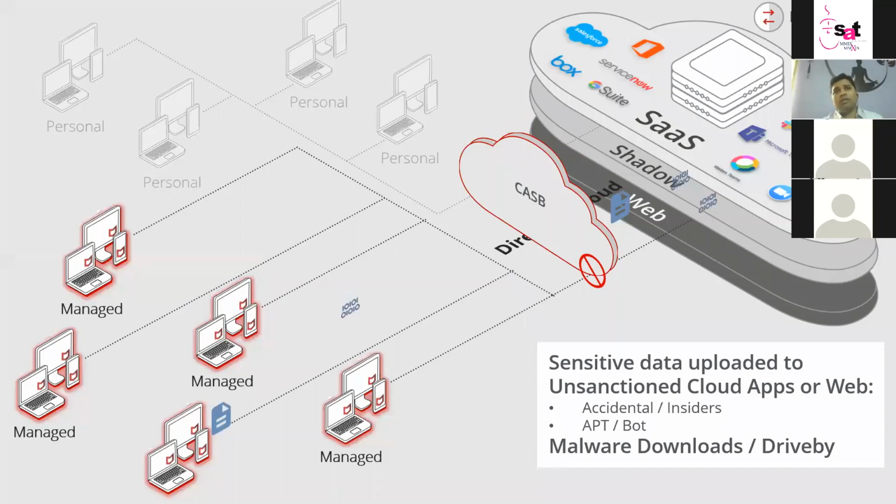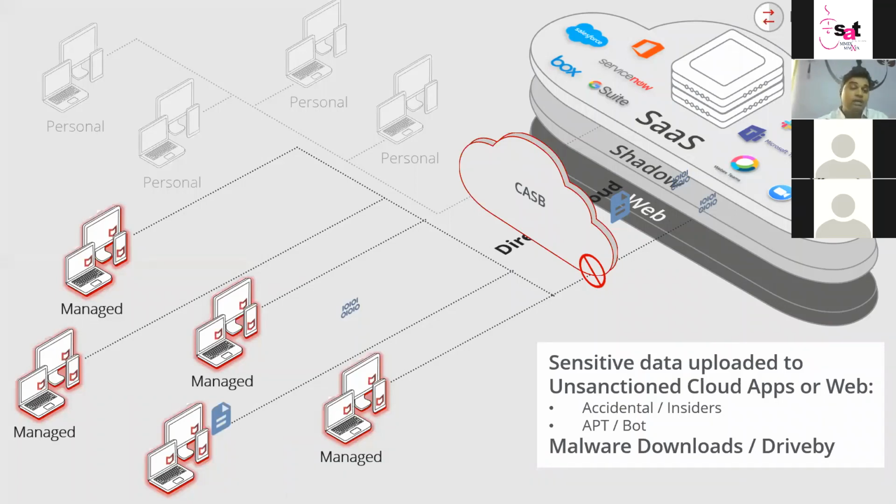Similarly, if there is any malware getting downloaded to the managed device, how can that happen? There are a lot of sites which attackers can compromise and plant malware there. So anyone who goes and accesses those applications and clicks on certain links or downloads something from there, the malware can also get downloaded along with that. So the web proxy module within the platform can detect in real time whether this is malware or not, whether it's a 0-day or not, and take the preventive action.